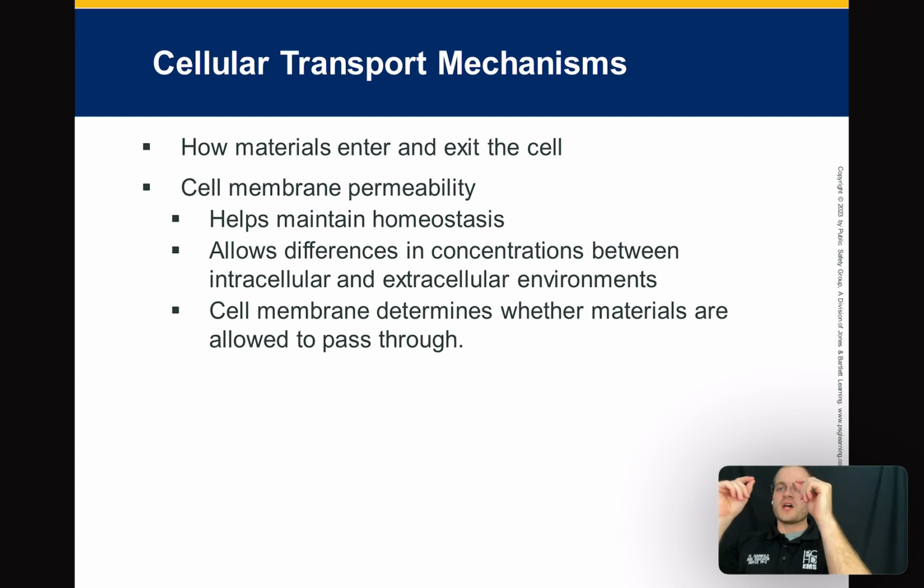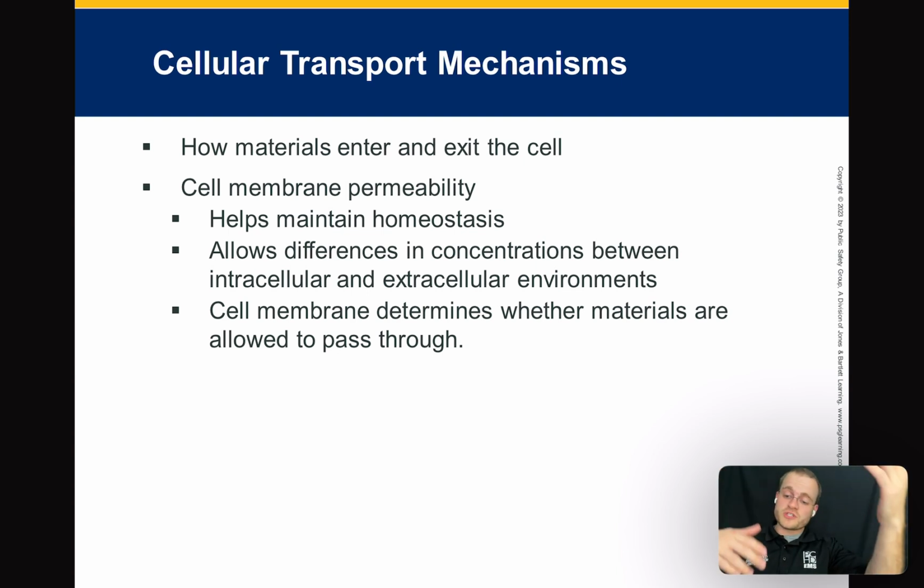Now, hang with me, we're almost done. There are cellular transport mechanisms, like endocytosis and facilitated diffusion, all these things. I'm going to talk about those, okay? Basically, we have to talk about how stuff, proteins, hormones, glucose, gets through the cell and out of the cell.